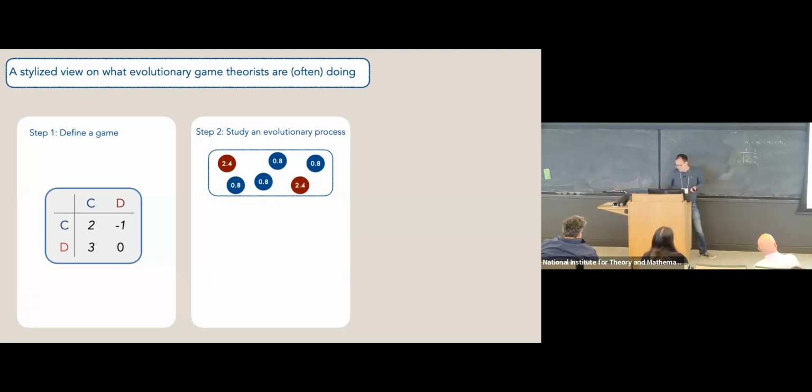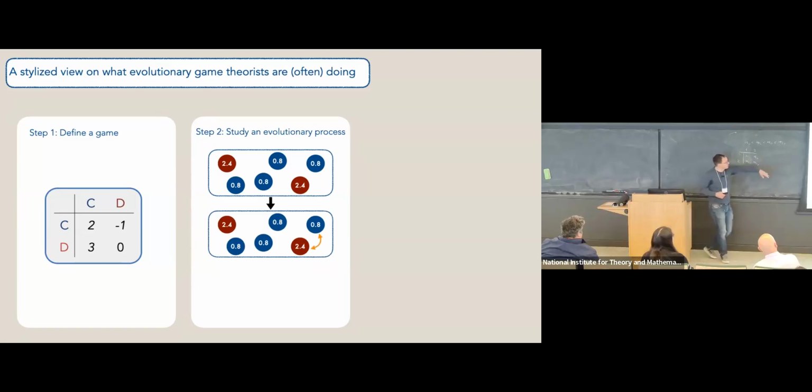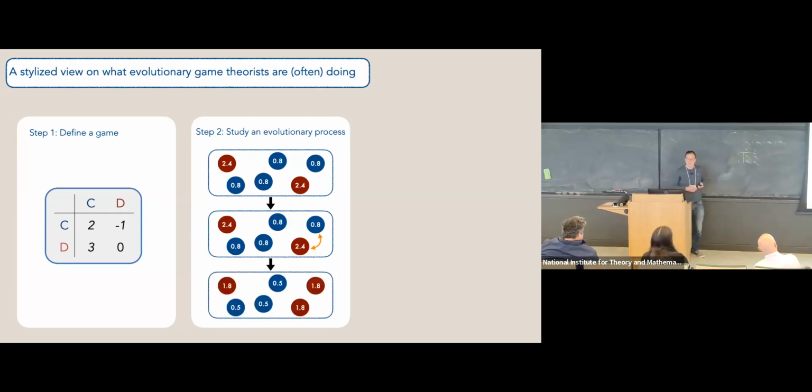Then over time, perhaps this blue person thinks, wait a little, I get a payoff of 0.8, this red person gets a payoff of 2.4. Perhaps I'm a little bit unhappy with the payoff that I get. So why not switch? As a result, the population changes, the payoffs change, and actually the whole fitness landscape changes. So that's in a nutshell what evolutionary game theory is about.